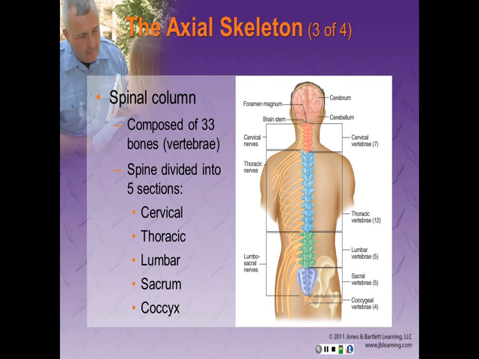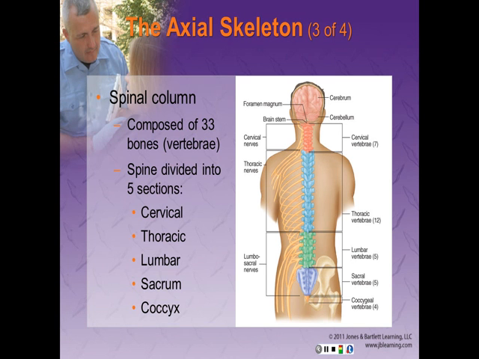The cervical spine or neck consists of 7 vertebrae, C1 through C7. The thoracic spine or upper back is 12, so they're numbered T1 through T12, and they attach to the ribs. So that's 12 vertebrae, 12 pairs of ribs. The lumbar spine or low back is 5 vertebrae, which are L1 through L5.